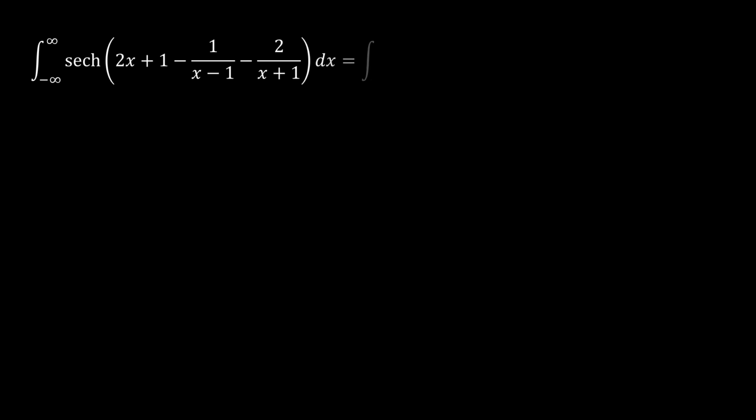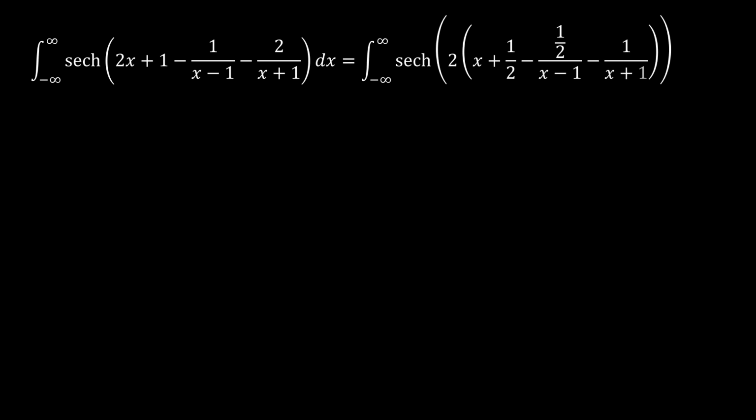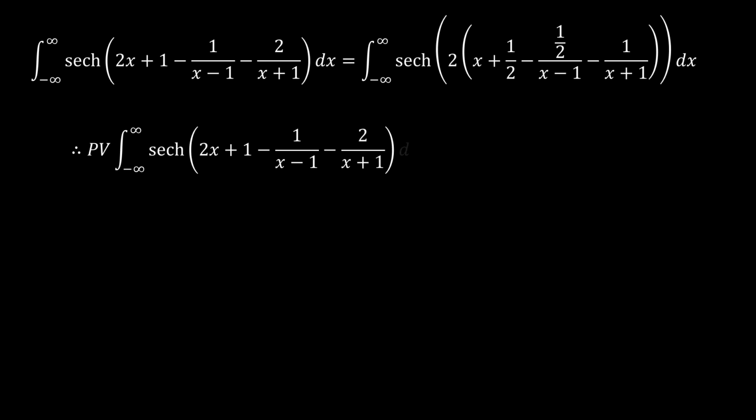What that tells us is that the integral of the hyperbolic secant of 2x plus 1 minus 1 over x minus 1 minus 2 over x plus 1, having expressed it this way, with the principal value being taken into consideration, is the same as the integral of the hyperbolic secant of 2x, from x tending to negative infinity to x tending to positive infinity.